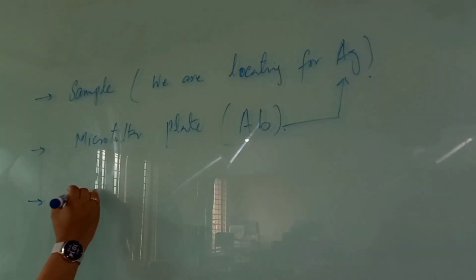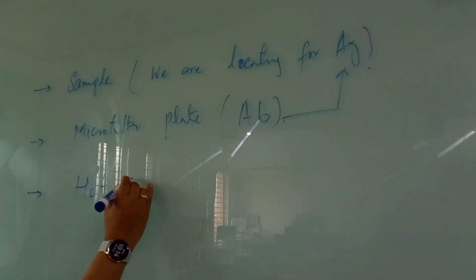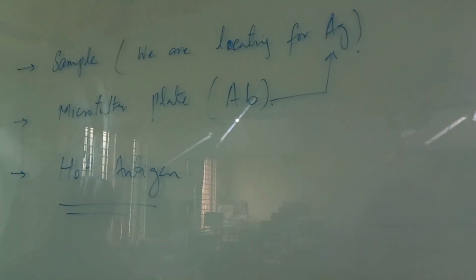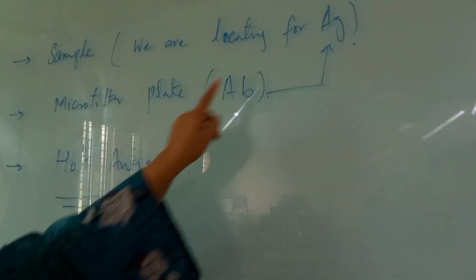And we need hot antigen also. What is hot antigen? Hot antigen is actually the same antigen that is present in the sample, but this antigen is coated with radioactive material.